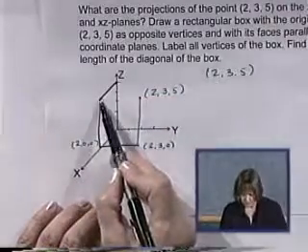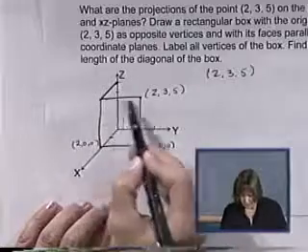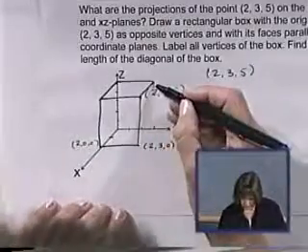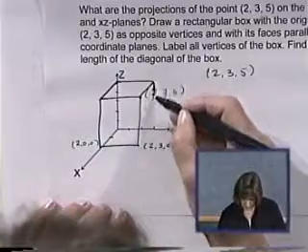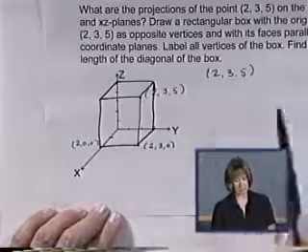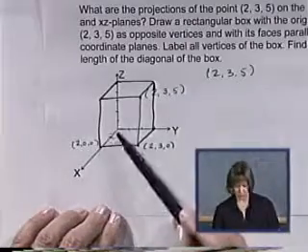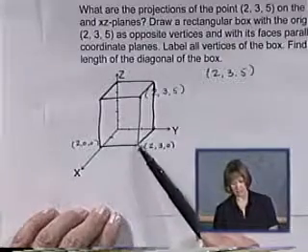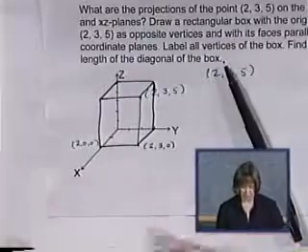If you put this parallel to it and draw a parallel to this back here, and then bring this down, 1, 2, 3. There's a little box that might help us. When we're plotting this point 2, 3, 5, we go in the X direction 2, in the Y direction 3, and then up 5 units to get to this point.